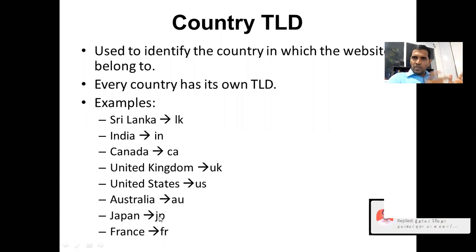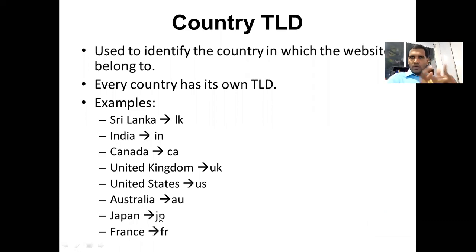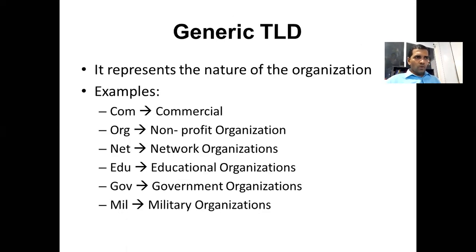I also explain a simple example, try to understand, right? So if it is a company, you have two choices. One is going with country TLD. The other one is registering under generic TLD. Okay, I want to clarify something. So here you have many generic TLDs. All of them are generic TLDs, right?